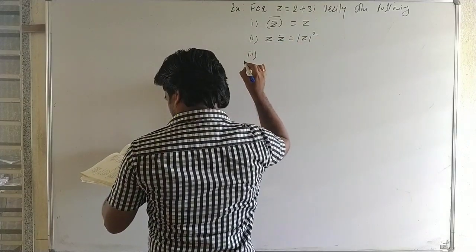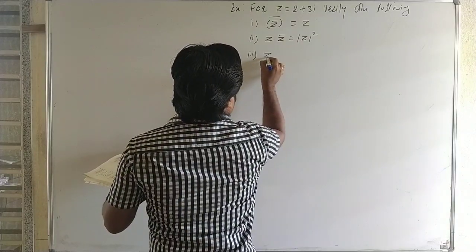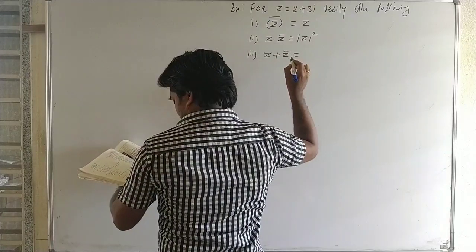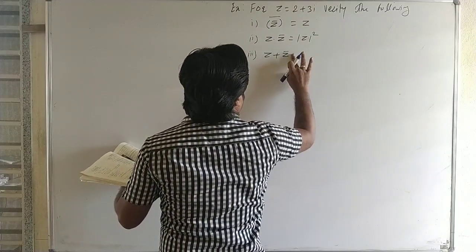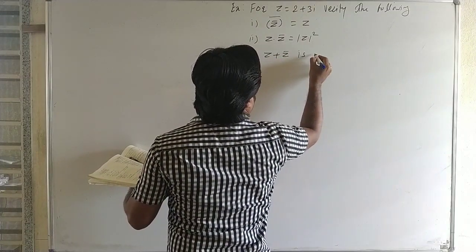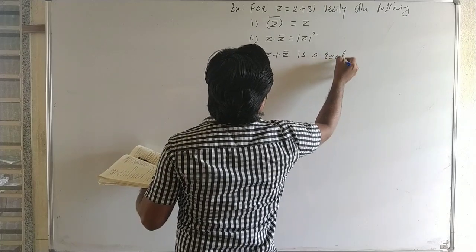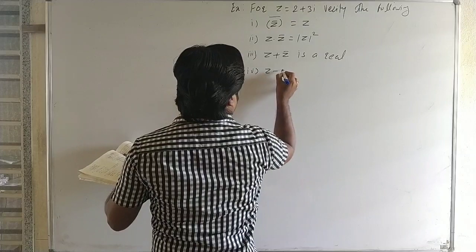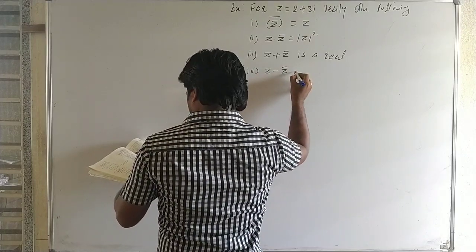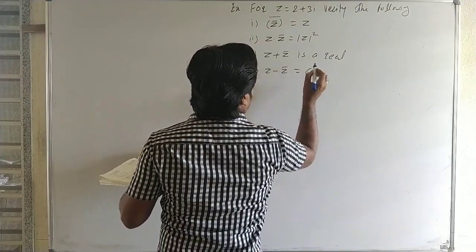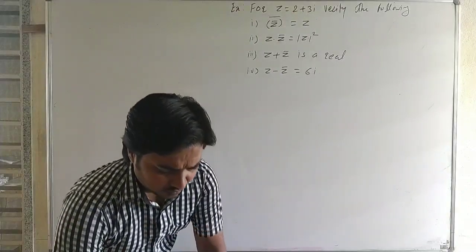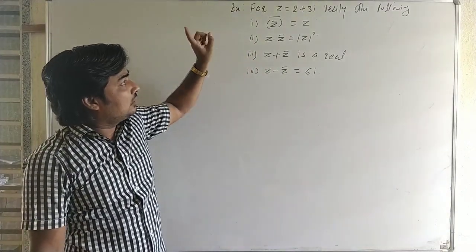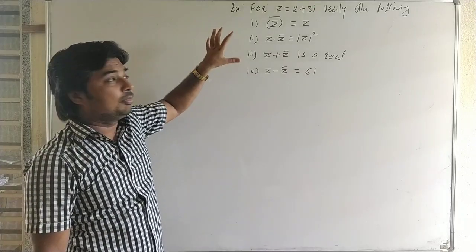Number 3: z plus z bar is real, and z minus z bar is equal to 6i.